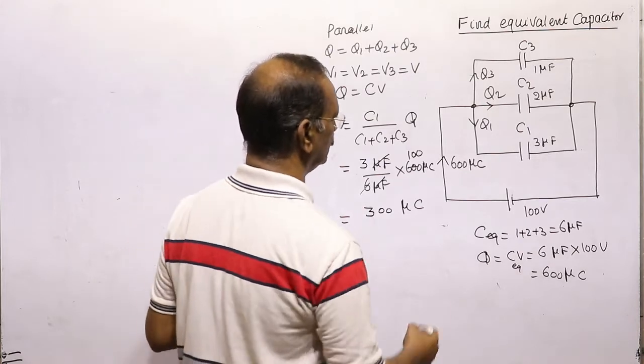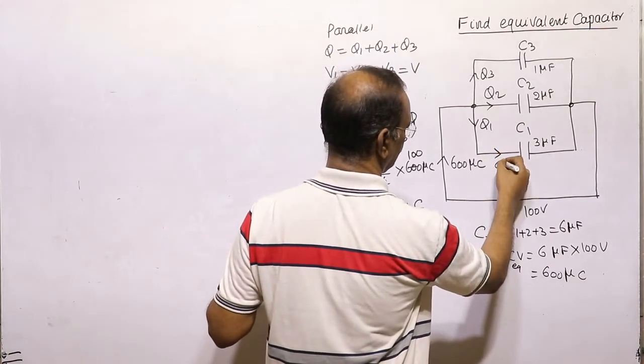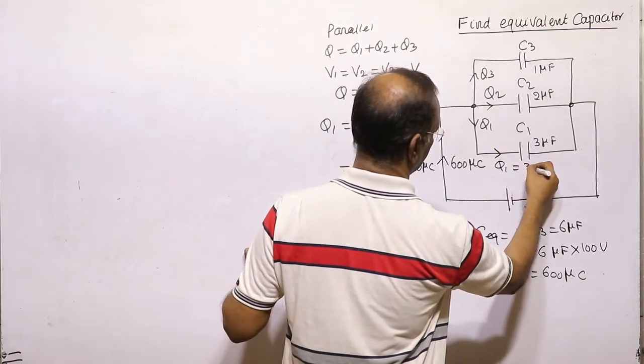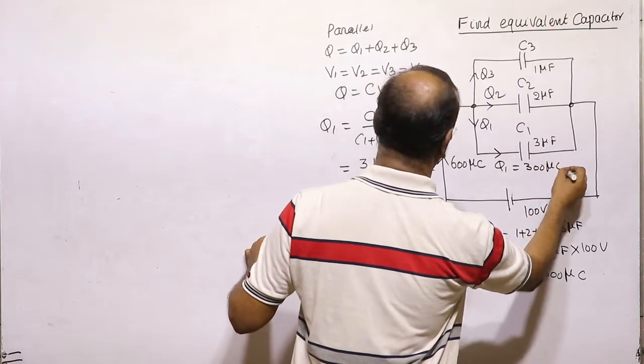So Q1 is equal to 300 microcoulomb. Here C1 is 3 microfarad, and Q1 is equal to 300 microcoulomb.